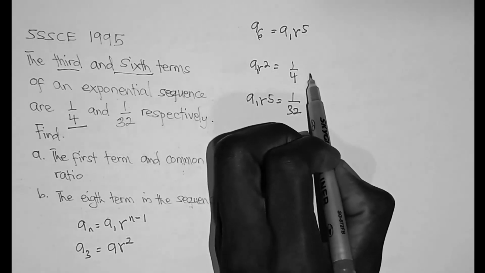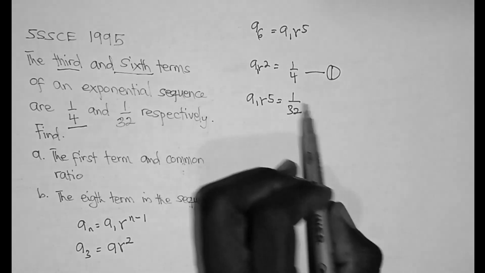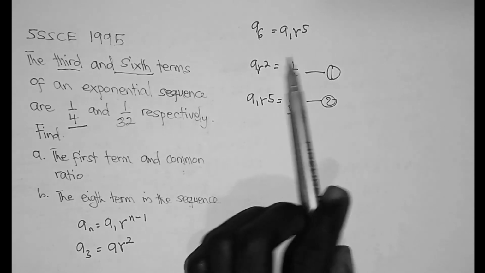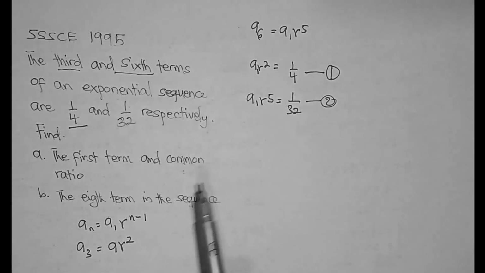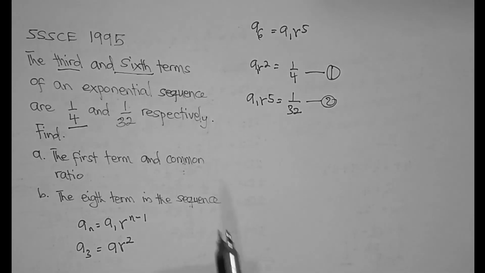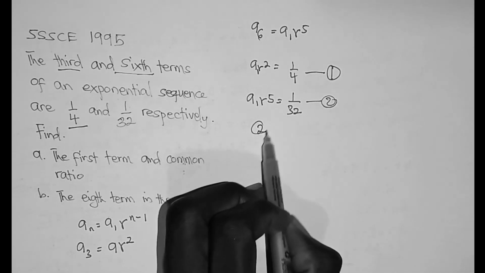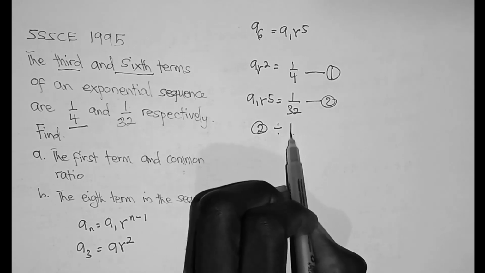So we need to solve these two equations simultaneously, so that this becomes our equation 1 and this becomes our equation 2. So let's divide equation 2 by equation 1.